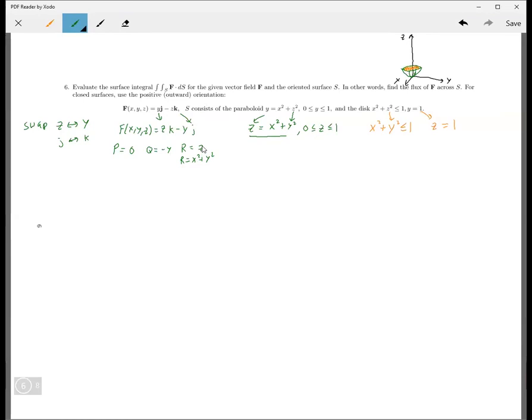Now, let's see, what do we do now? Okay, so now we have the integral. I have to look at the formula because I don't have these things completely memorized. Okay, so this is negative P Zx minus Q Zy plus R dA.